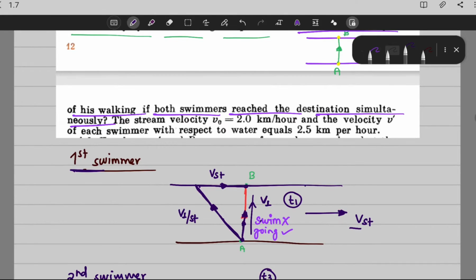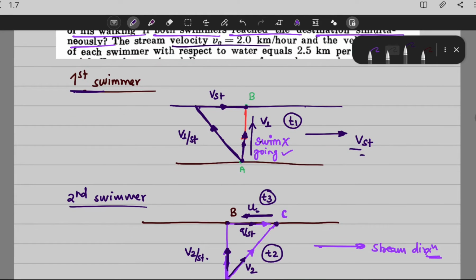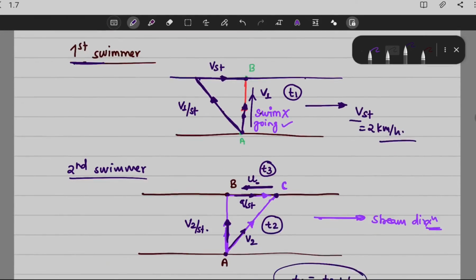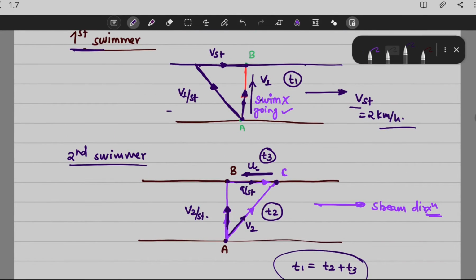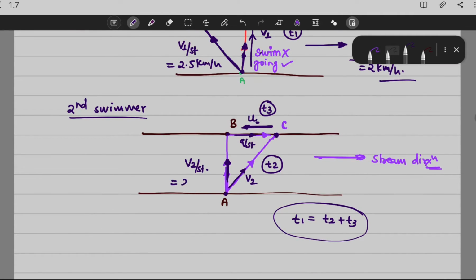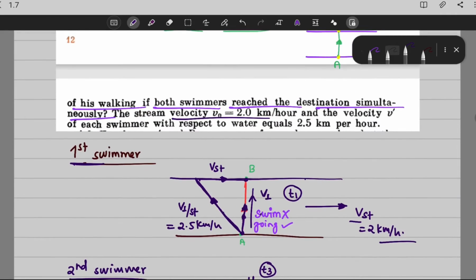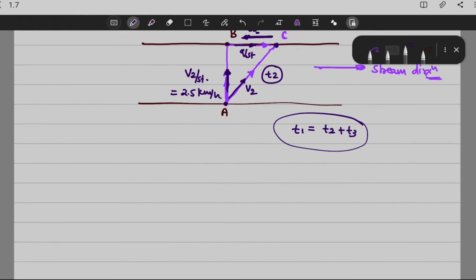The stream velocity is given as 2 kilometer per hour, and the velocity of swimmer 1 with respect to stream is given as 2.5 kilometer per hour, and this is also given as 2.5 kilometer per hour. Now let us analyze the motion of both swimmers mathematically.